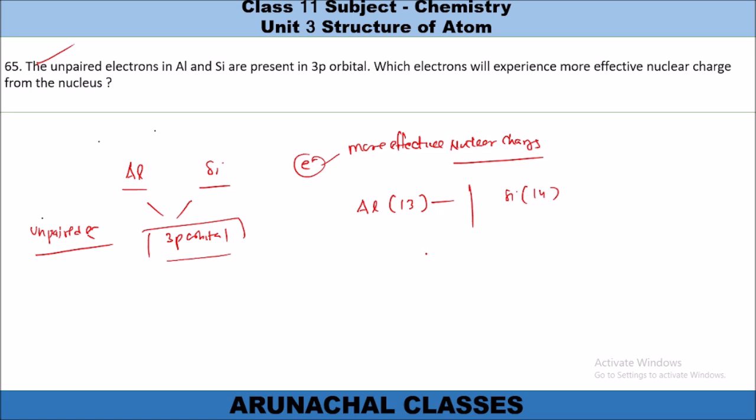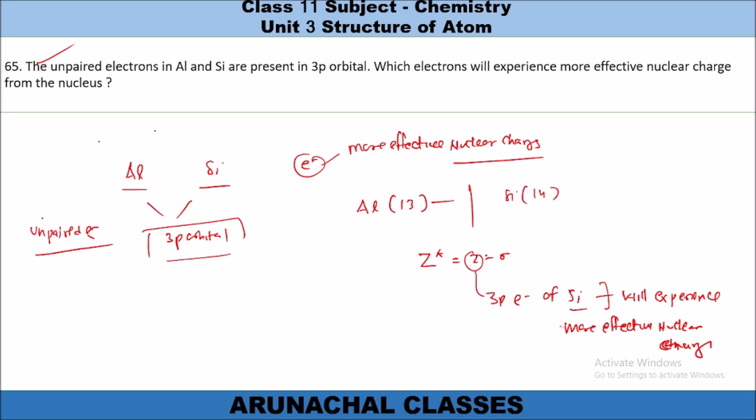We can calculate the effective nuclear charge as Z star equal to Z minus sigma. Due to the greater nuclear charge, that is the Z value, the 3p electron of silicon will experience more effective nuclear charge, as it has 14 electrons.